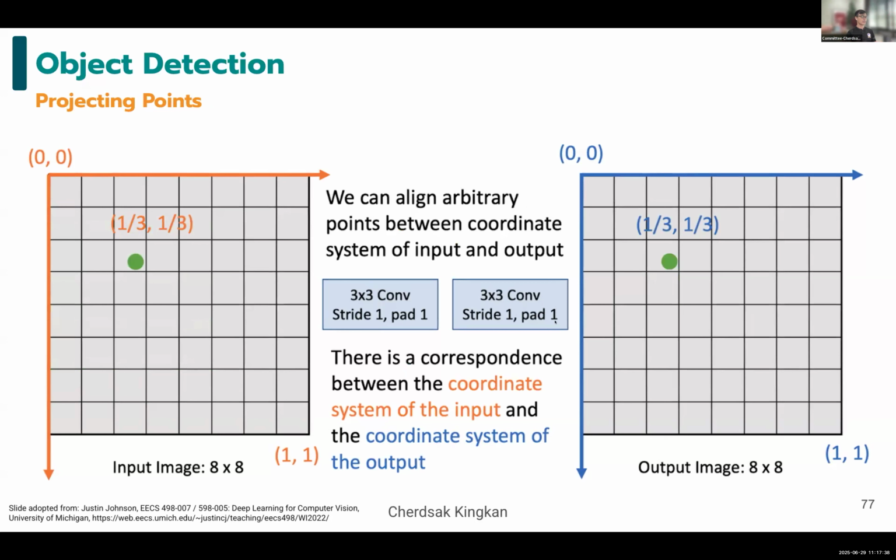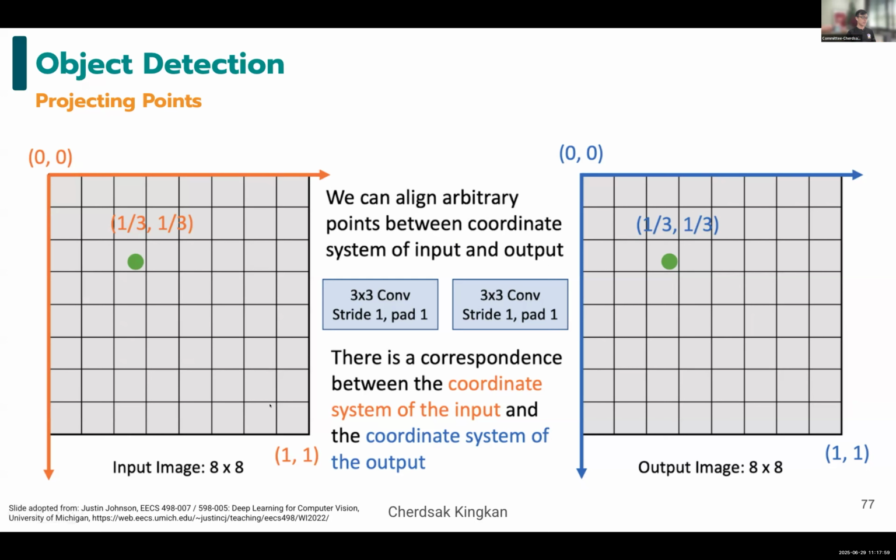So let's say, for example, here we have these positions in this input image, and then the resulting positions in the output image we can calculate, right? Because we can transform from one coordinate to another coordinate, right?